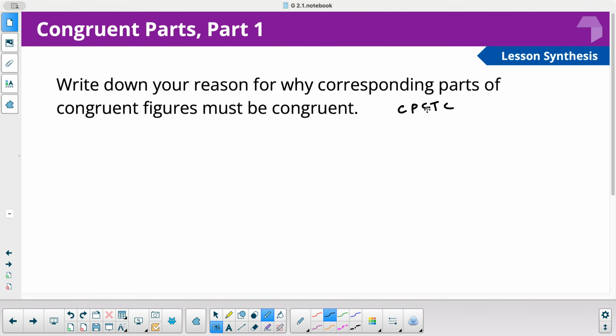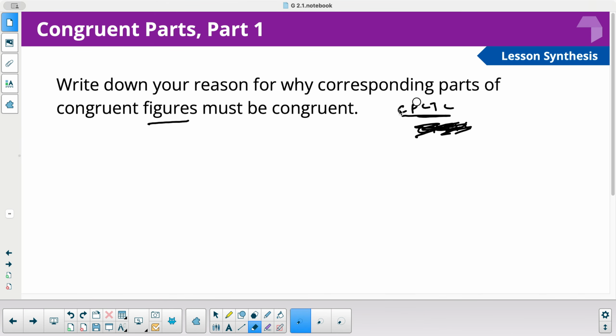So we normally say CPCTC, corresponding parts of congruent triangles are congruent, but we're not saying just triangles, we're saying figures. So CPCFC, I guess, but we don't really use that. When eventually we do triangle proofs, this is what we're going to use. CPCTC. I knew something was wrong. I'm like, CPCFC doesn't sound right. Yeah, it's because it's triangles, but we normally do triangle proofs a little bit later. But anyways, so why must they be congruent?